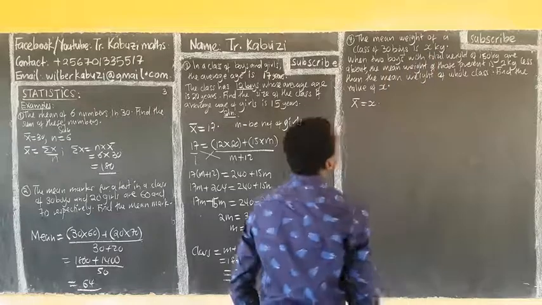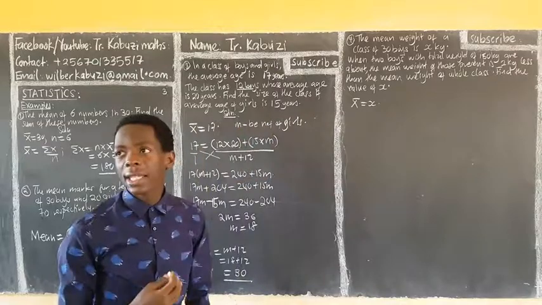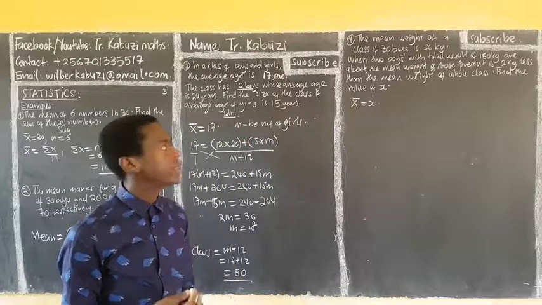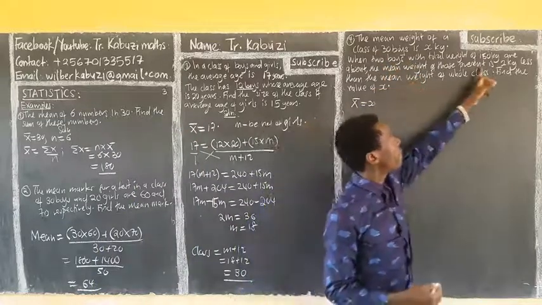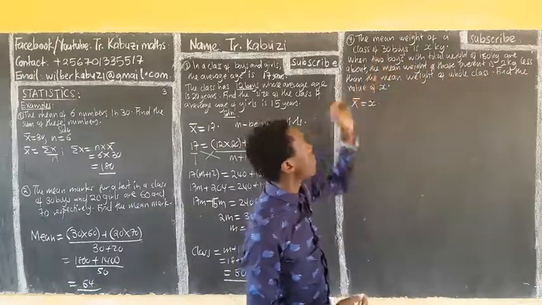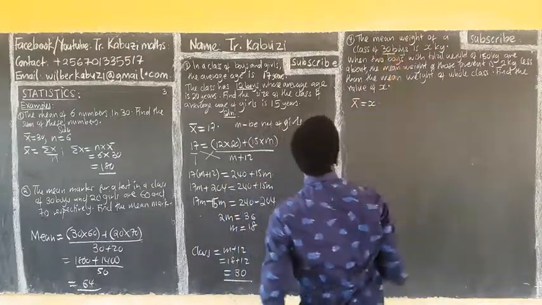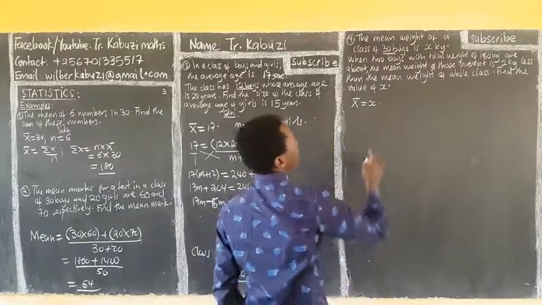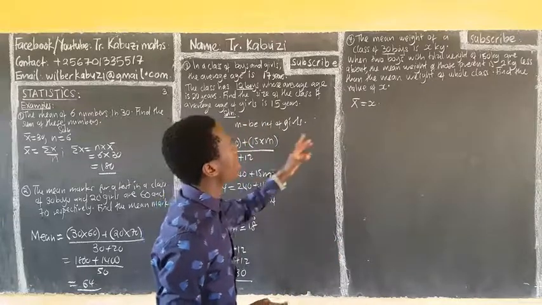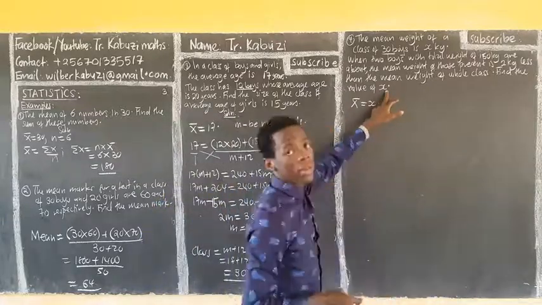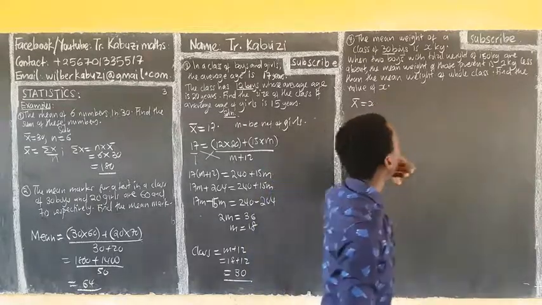Remember that they are removing 150 kilograms from the boys, so the mean weight is going to reduce to x minus 2, because it's going to be less by 2 kilograms.